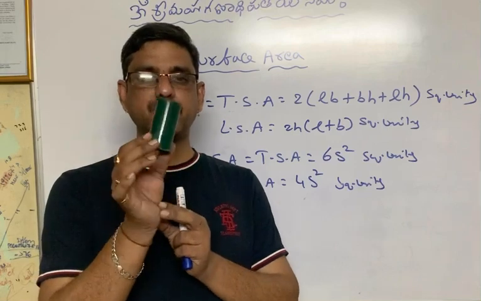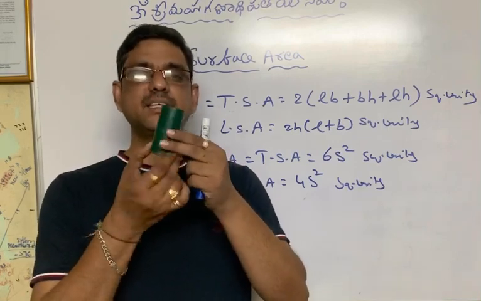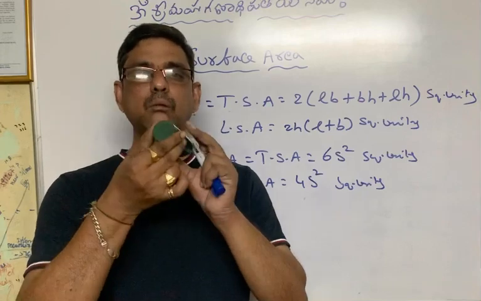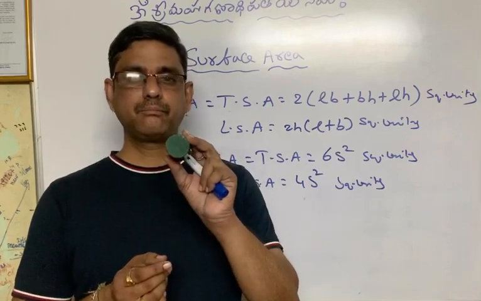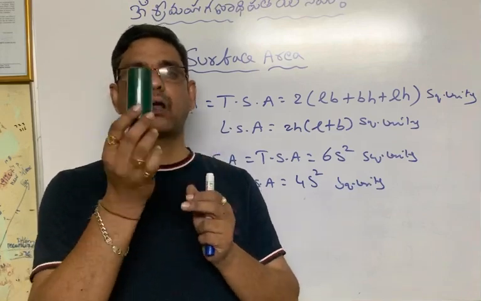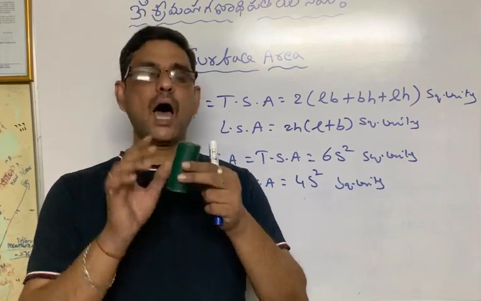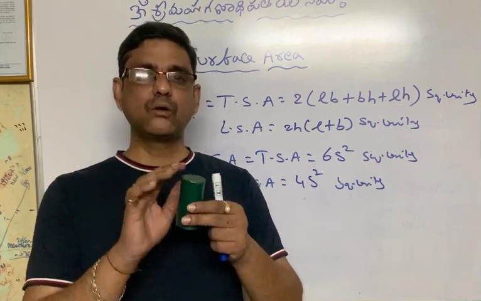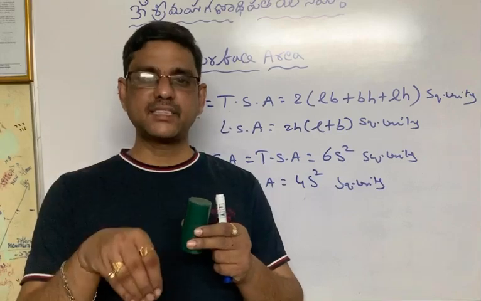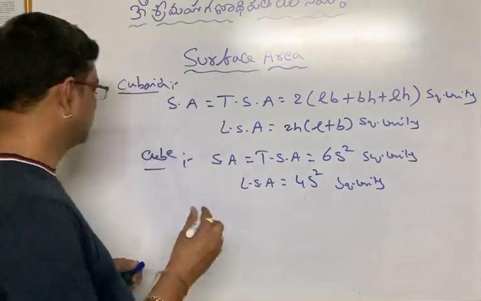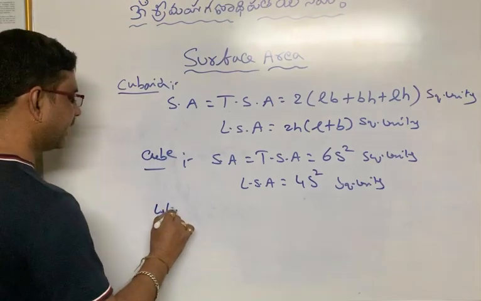The top face is a circle and the bottom face is also a circle, so 2 circular faces and 1 curved face. The area of all 3 faces is called the total surface area of the cylinder.